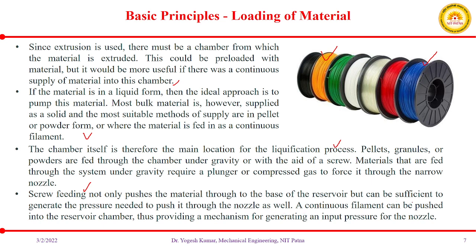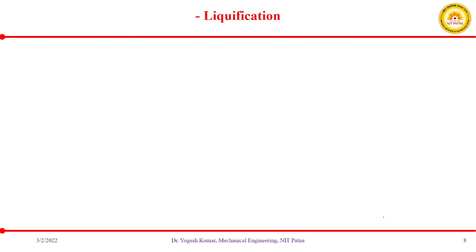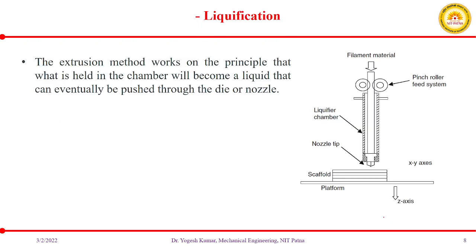A continuous filament can be pushed into the reservoir chamber, thus providing a mechanism for generating an input pressure for the nozzle. Okay. Then coming to the second step, that is the liquefaction. The extrusion method works on the principle that what is held in the chamber will become a liquid.